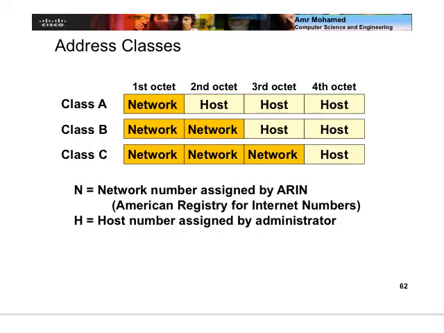So in class A, we have the network part and the host part. The network part is assigned by what we call ARIN, the American Registry for Internet Numbers, and ARIN came up with the ranges of the first octet, which indicates whether this is class A or B or C or D. Okay, and there is the host number, which is assigned by the administrator.